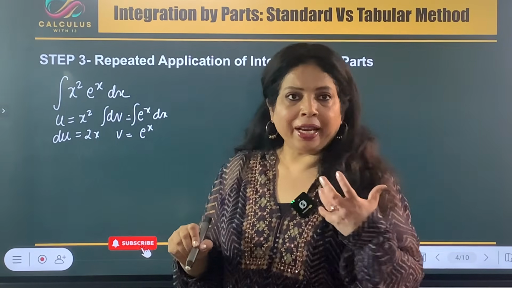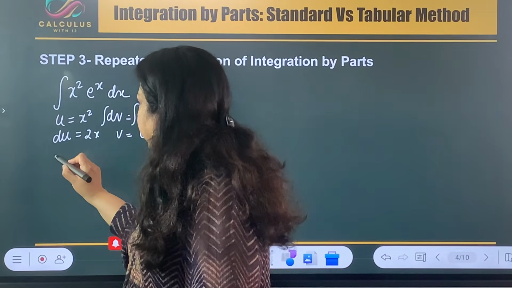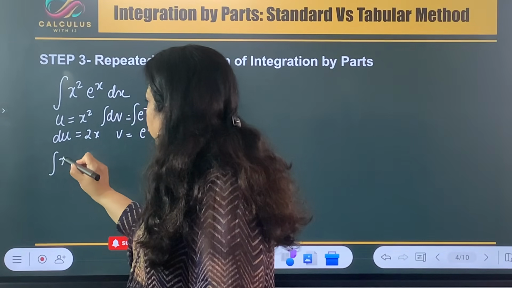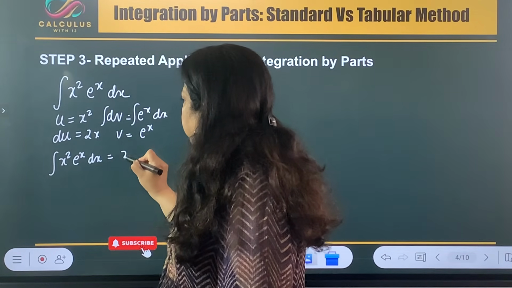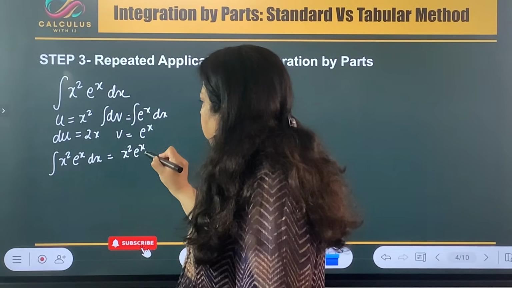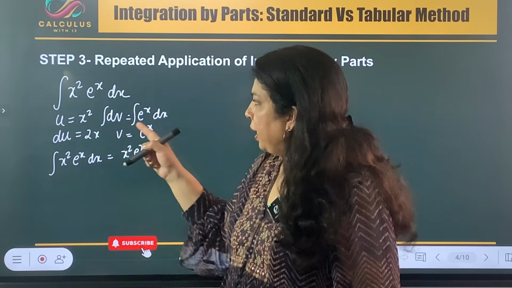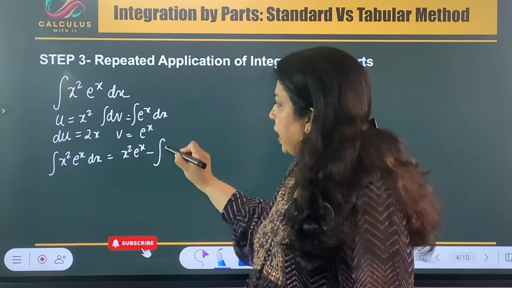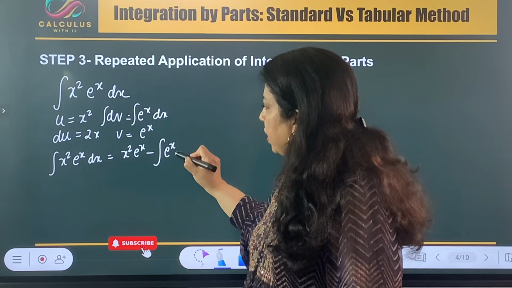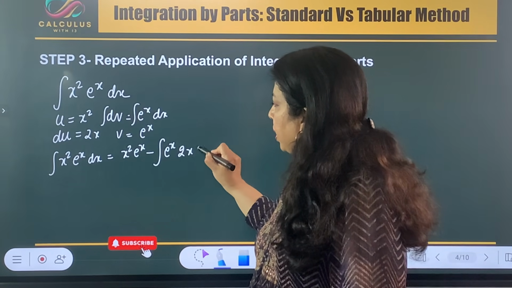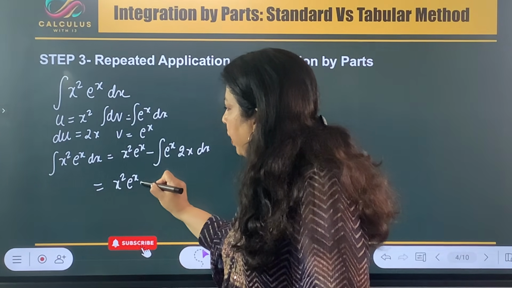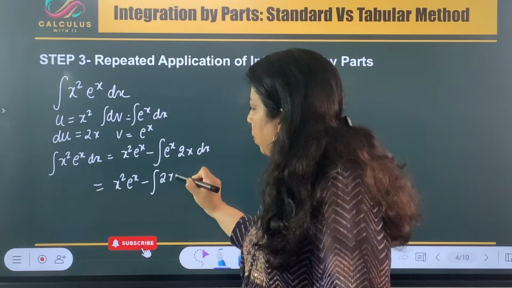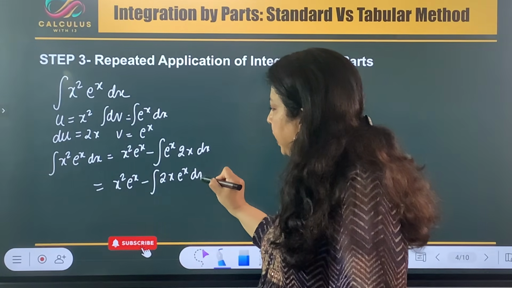So when we apply integration by parts, we get integral of u dv is equal to uv minus integral of v du. v is e to the power x and du is 2x dx. So this becomes x square e to the power x minus integral 2x e to the power x dx.